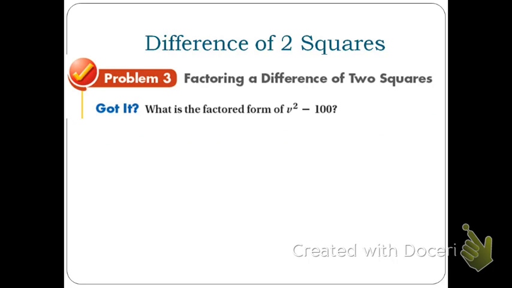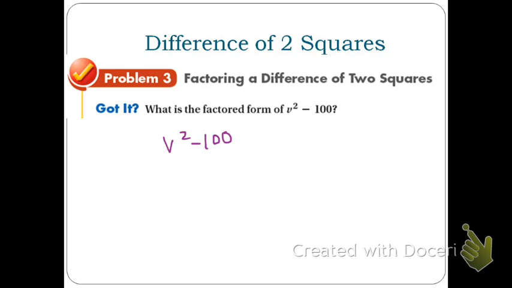Okay, let's take a look at problem 3 here. It says that we want to factor, and find the factored form of v squared minus 100. Let me get back to my pen. V squared minus 100.